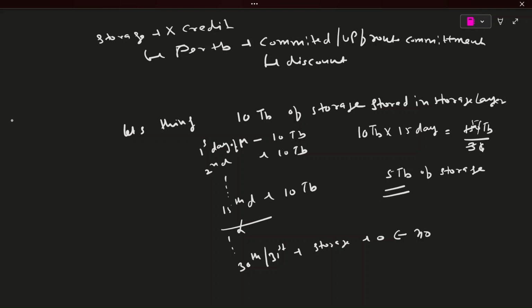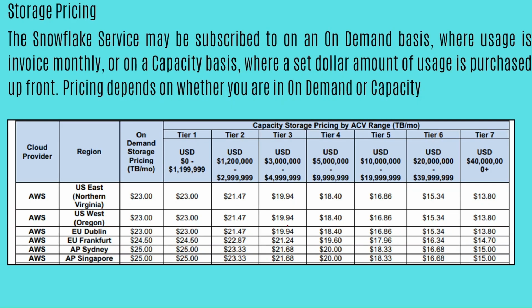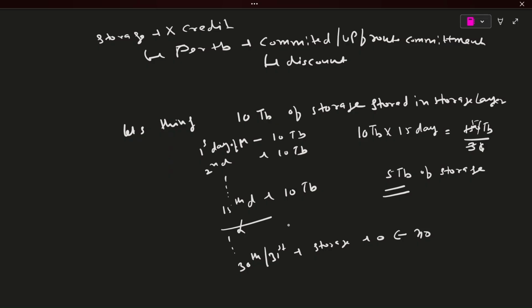So this is how Snowflake does the calculation. It takes the average of total storage within that month and multiplies by your unit rate. If I go for on demand, the simple calculation is 5 multiplied by $23, which will be my bill for this storage.